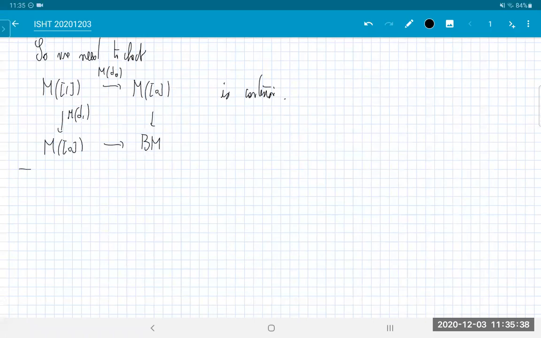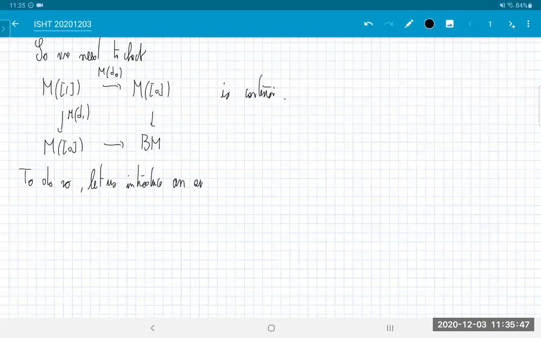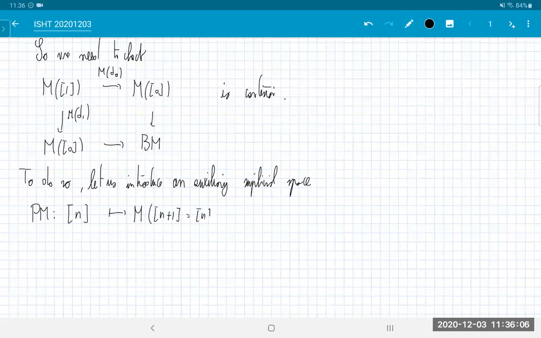So to do so, let us introduce an auxiliary simplicial space. This is just the one we already saw, P of M, going n to M of n plus 1, seen as n with an additional point.